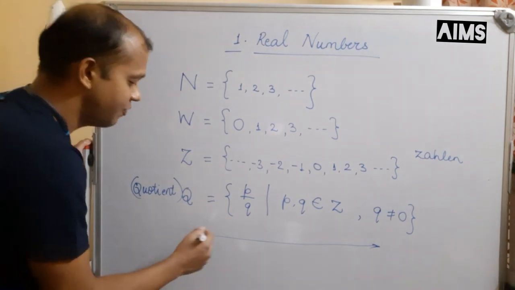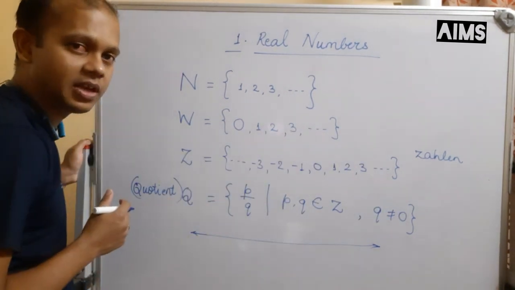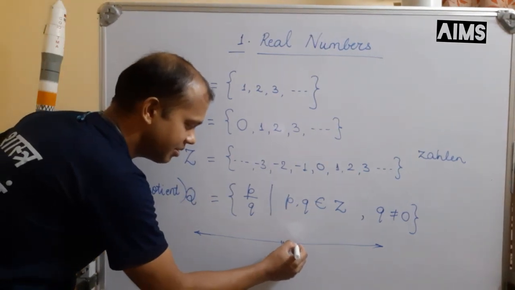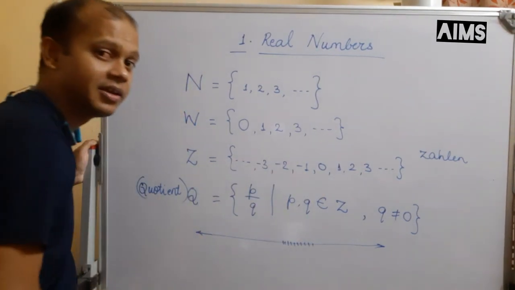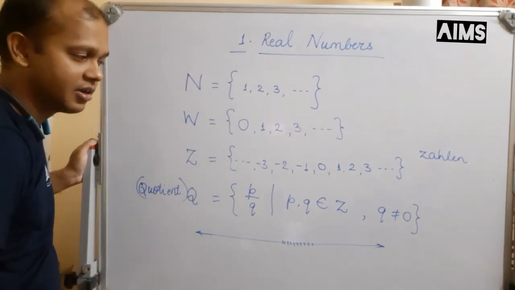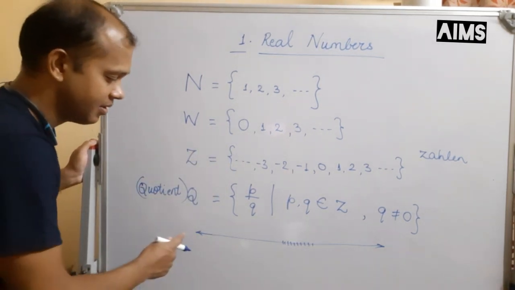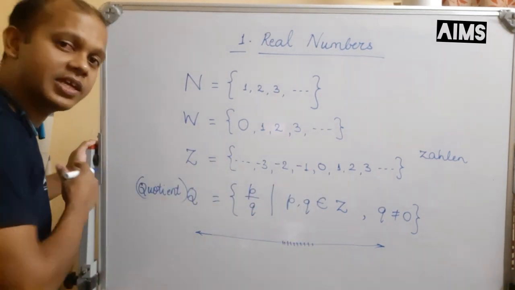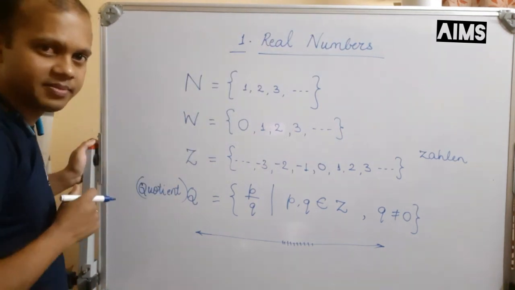Now if you plot all these numbers on a line, you will observe that you will get many numbers which get plotted on this line, but still there are a few gaps in between. Now, what do we mean by a gap? Let's go to basic geometry. A line is defined as a collection of infinite points.